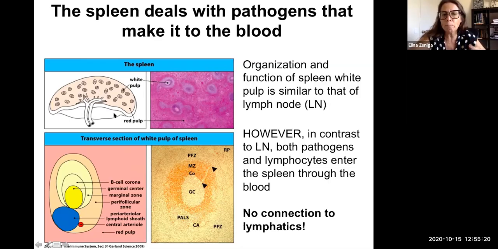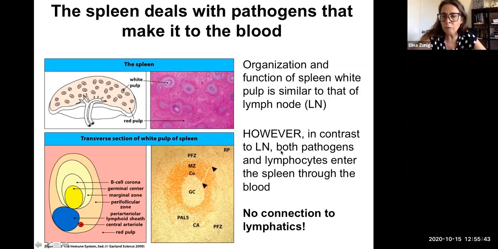And also the red pulp, where the red blood cells are, that is not relevant for the initiation of the response. The difference between the spleen and the lymph node, they are both secondary lymphoid tissues. They both have the B cell zones and the T cell zones.